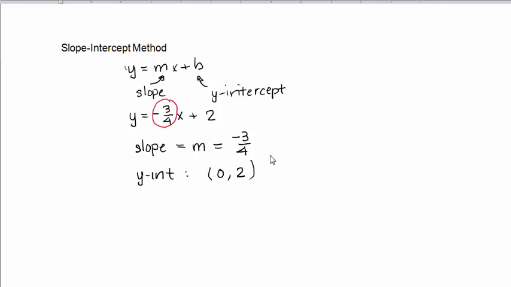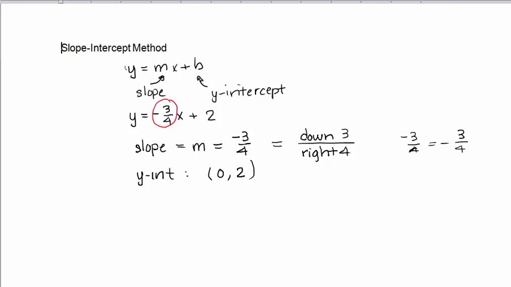So let's go back to looking at our slope. It says negative 3/4. Remember, the numerator of our slope tells us whether we go up or down, and because it's negative, it means we go down 3 places. Our denominator, 4, is positive, so it tells us that we go right 4. Let me pause for a moment to remind you, this negative 3/4 is the same as negative fraction 3/4.